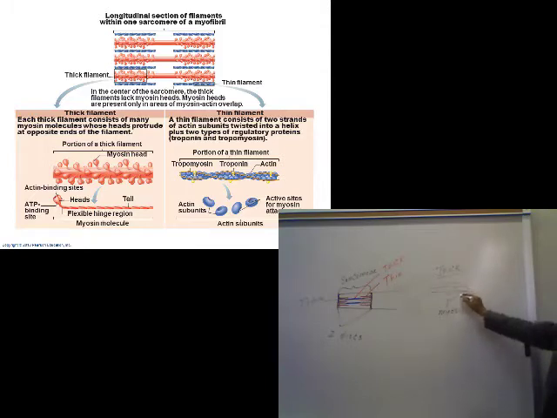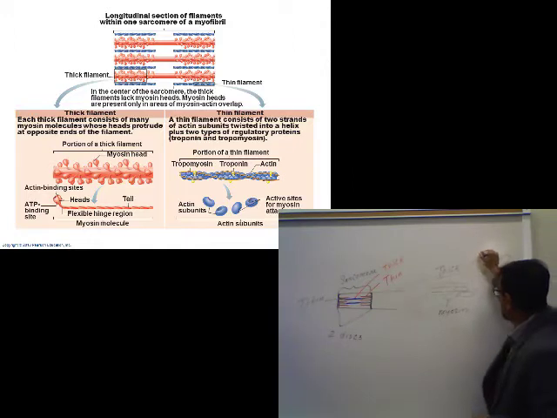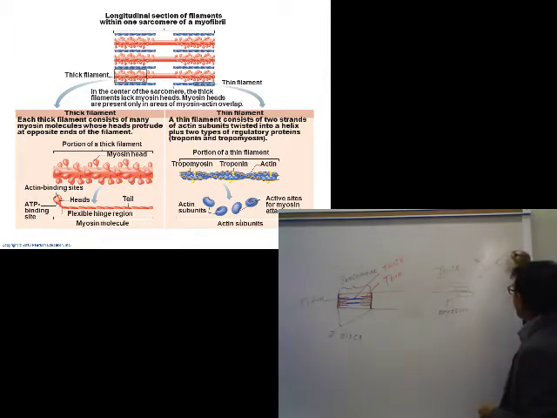Now, if I look at one myosin, it has a head and a tail part. In the head, this is very important, you have some binding sites. This is one binding site, called the site for actin.